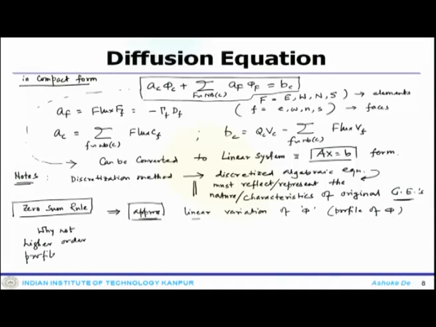That is a pertinent question to answer, amongst the cell and the neighboring cells. So, we have assumed the linear variation. Instead of that, if we assume a higher order variation, how would that affect things?